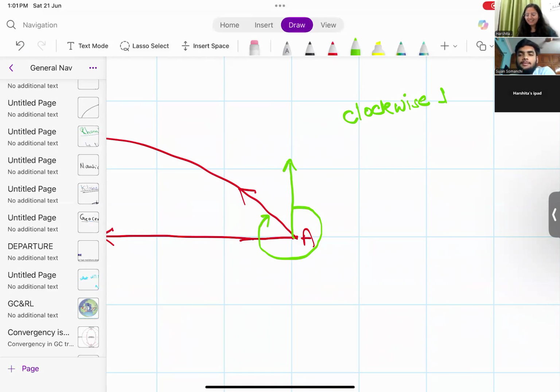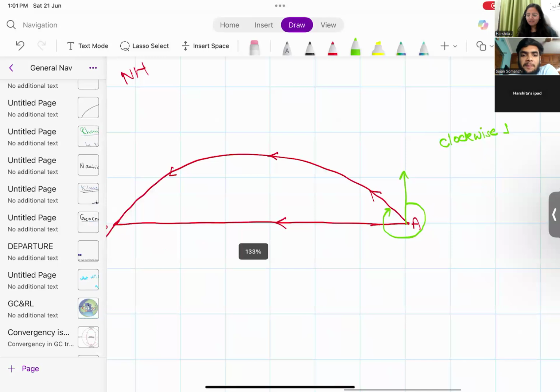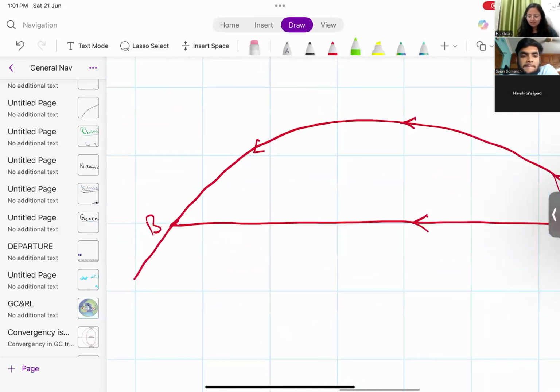You're going from point A. This is the track you were making initially. You reach point B. This is the true north. From here you will measure the angle. Again, should I go like this? No, clockwise. Very good. Clockwise direction. This is what it is making finally, right?